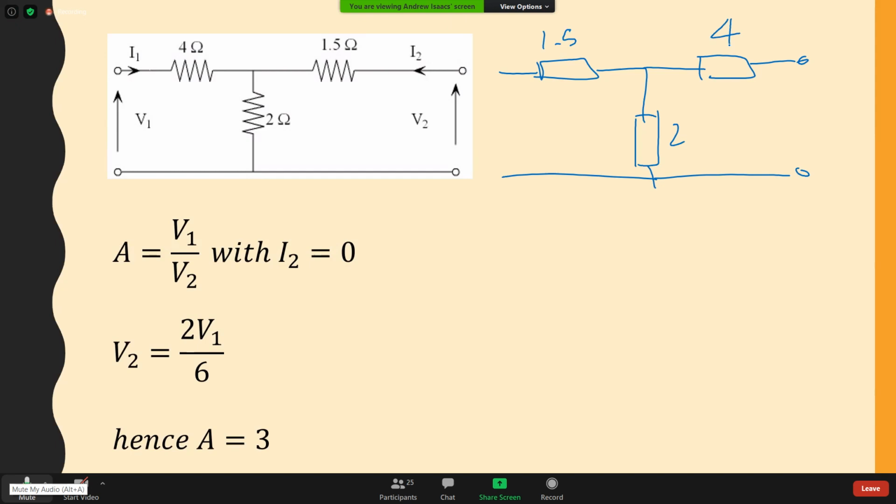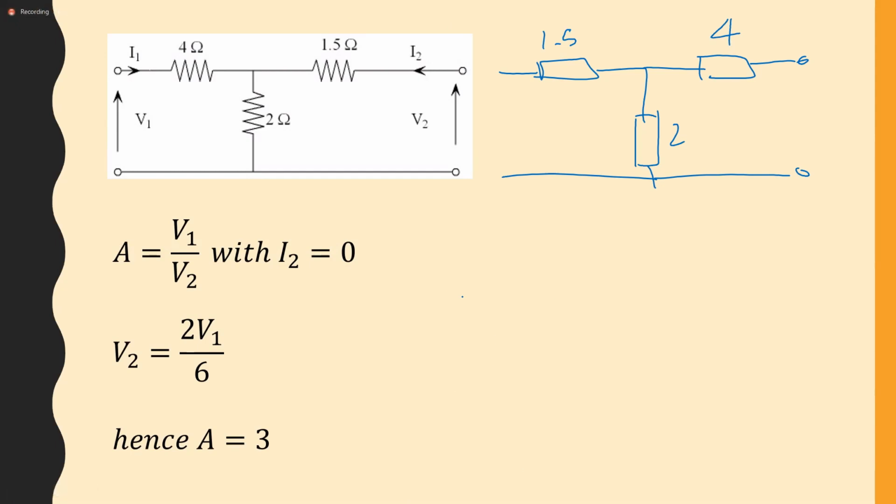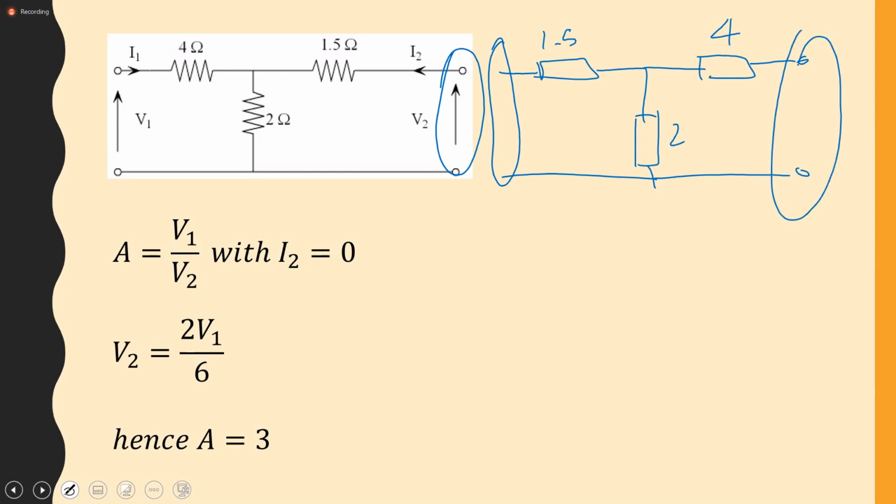Agreed? So what we're going to do is, this would be the output of network 1, and this would be the input of network 2. And over here would be the output of the combined networks.